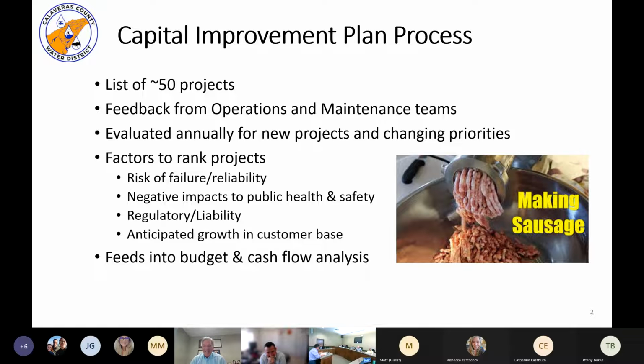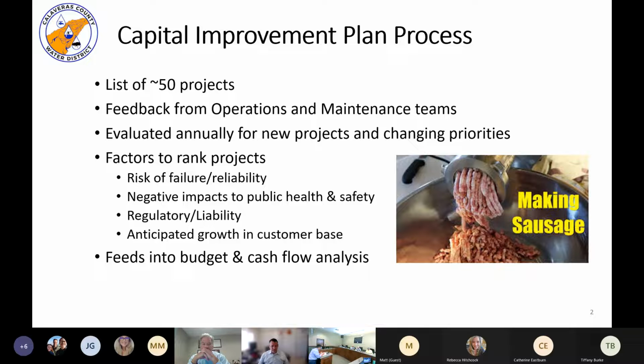So jumping in, we call these our highest priority capital projects. Every project is urgent, but we consolidated them into what we consider our top 23, along with the operations projects.